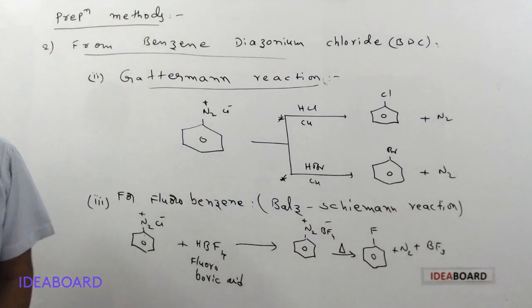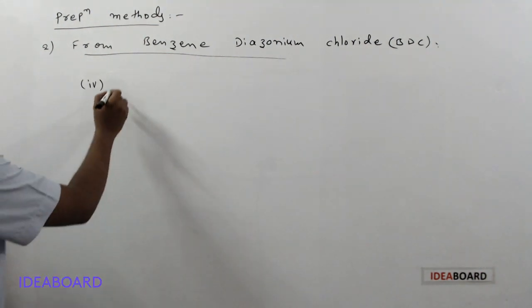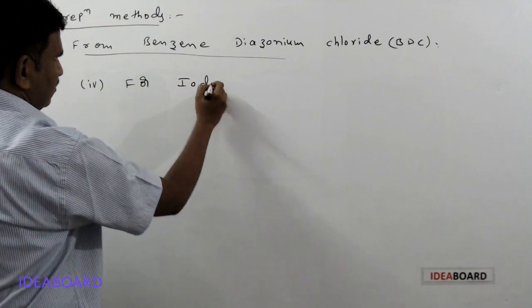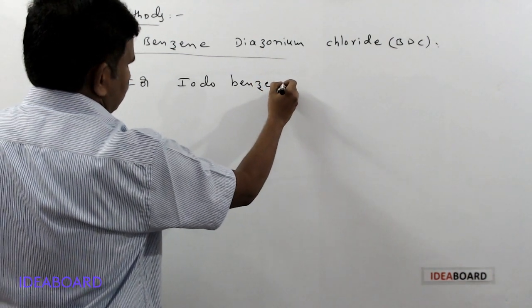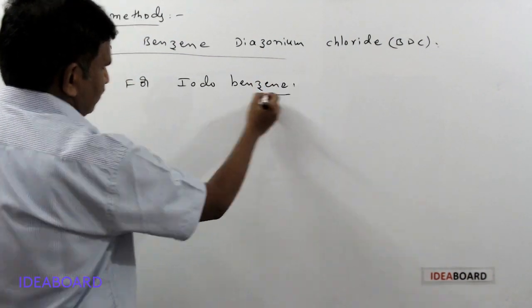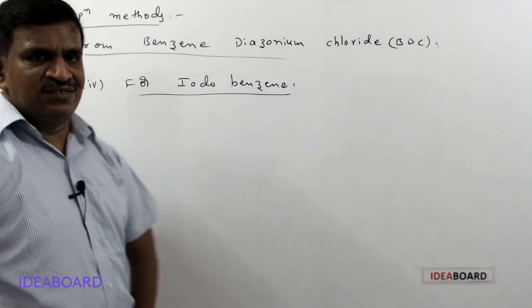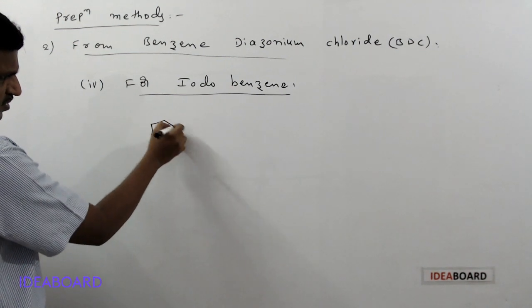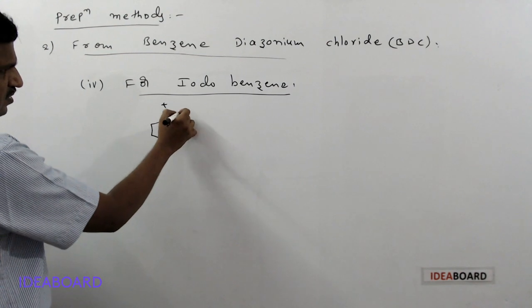Next, for iodobenzene. So we made chlorobenzene, bromobenzene, and now iodobenzene from benzene diazonium chloride. Here I am taking the benzene diazonium chloride, N2+ and Cl-.